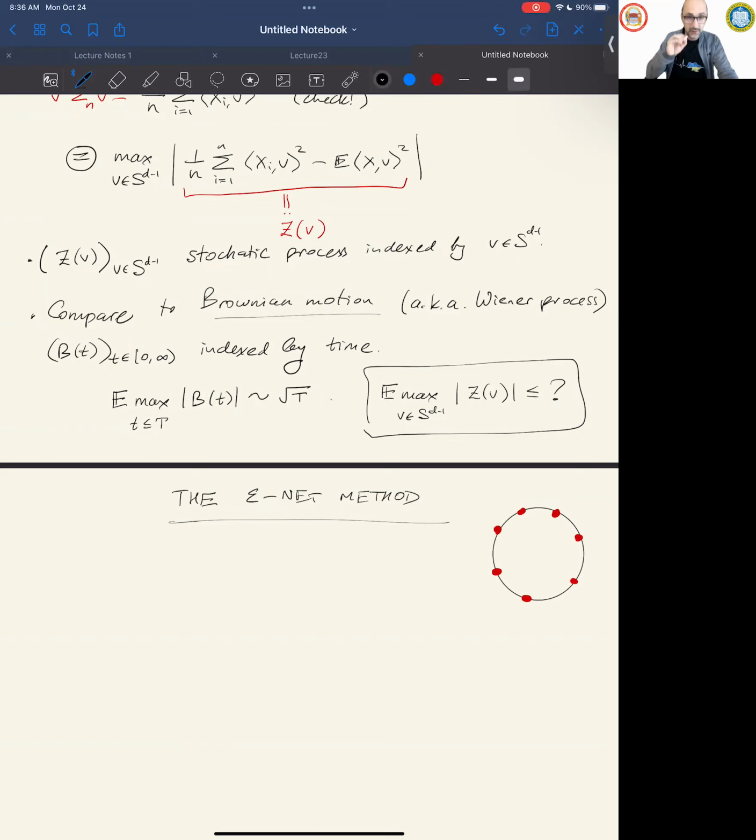How fine can we do this? How many points do we have? Unfortunately, exponentially many. We actually already kind of showed that at some point, that we need exponentially many points to put a small net on the sphere. That's because the volume is so exponential. That's because curse of high dimensionality.